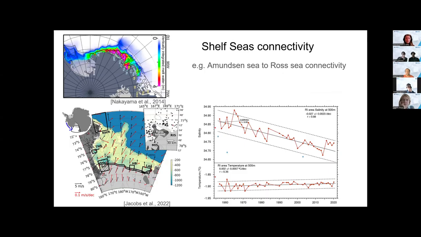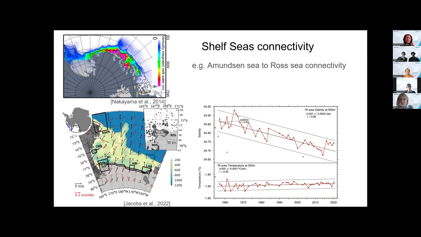We're looking into a circumpolar view as much as possible in the scope of this work package and in the project. And as part of that, it is quite important to understand the role that neighboring shelf seas play onto the downstream regions, for example, what we call the shelf seas connectivity or the east-west connectivity.